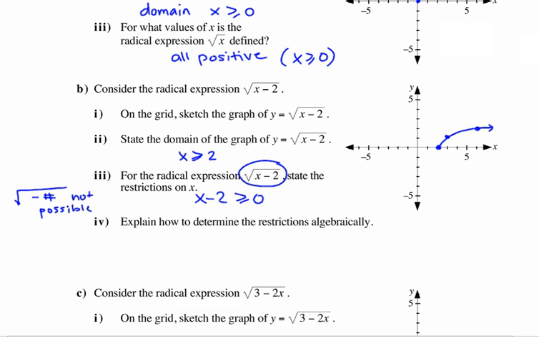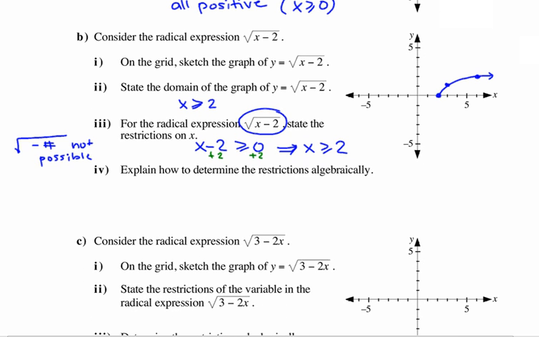If we add 2 to both sides, x has to be greater than or equal to 2. That restriction comes from the inside having to be positive. If x is 1, I get 1 minus 2, which is negative 1. You can't take the square root of a negative.